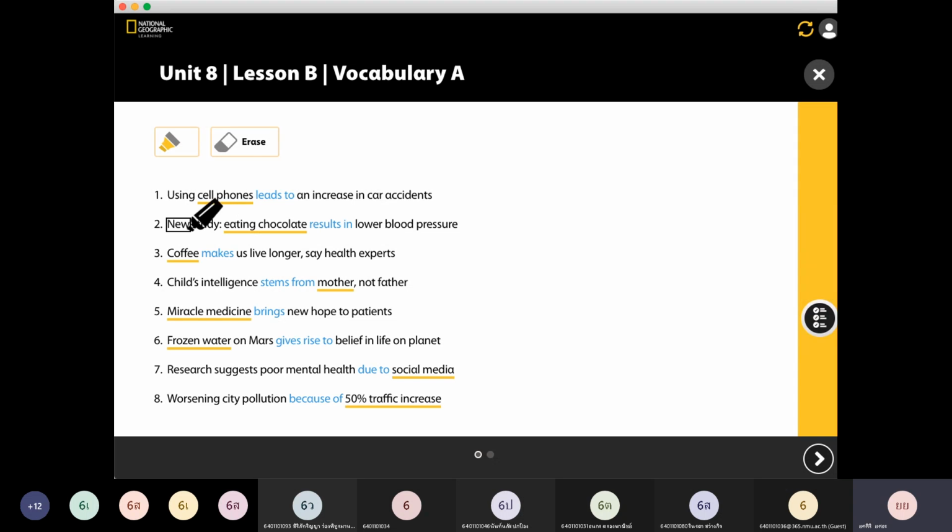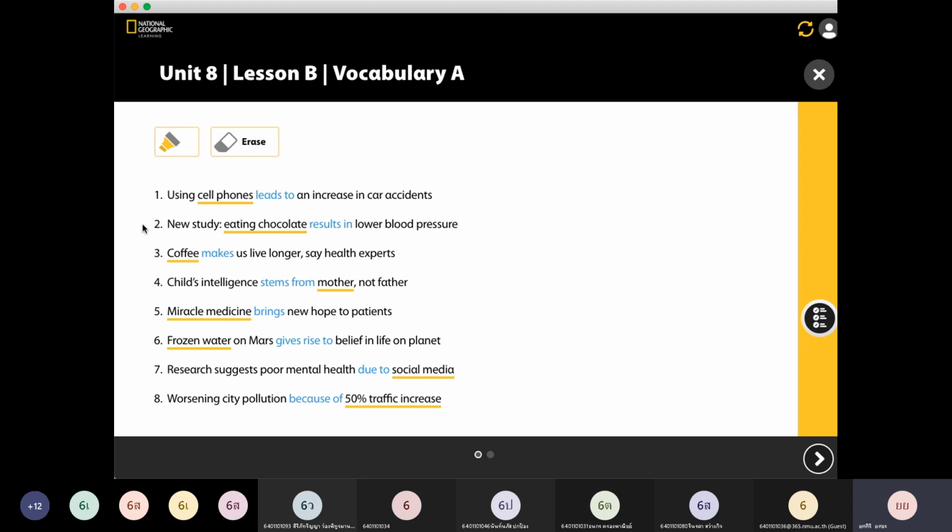As I told you, you can bring up the cause at the beginning of the sentence, or you can use the cause as a result.